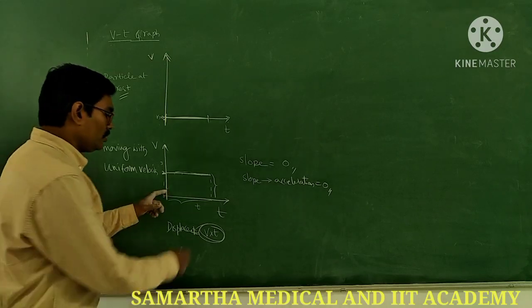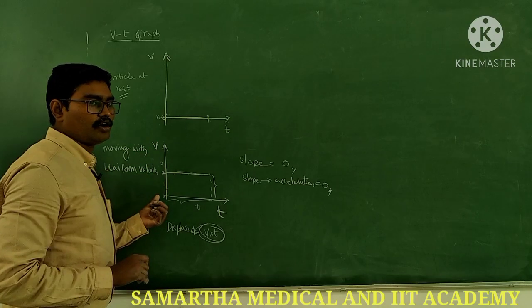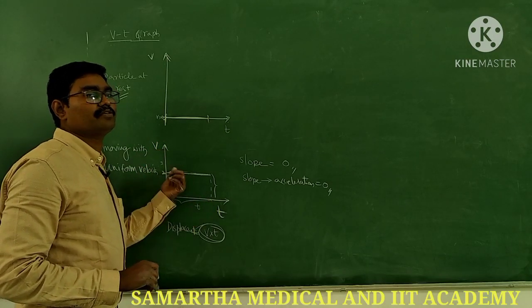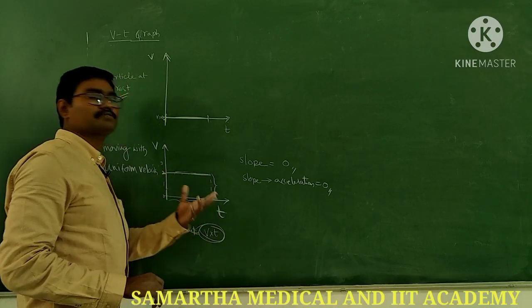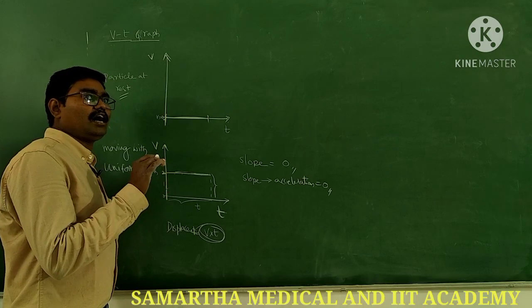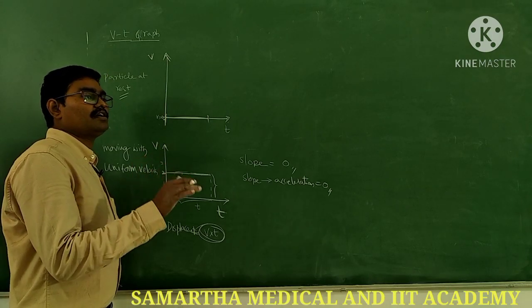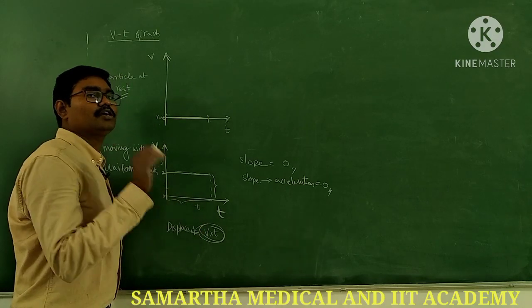Okay? Very important for solving problems. Here time is the x coordinate, velocity is the y coordinate, and the product of velocity into time gives displacement. So the area of the velocity time graph gives you displacement.